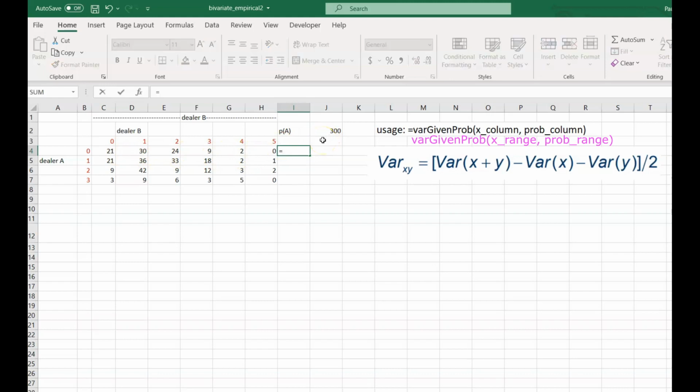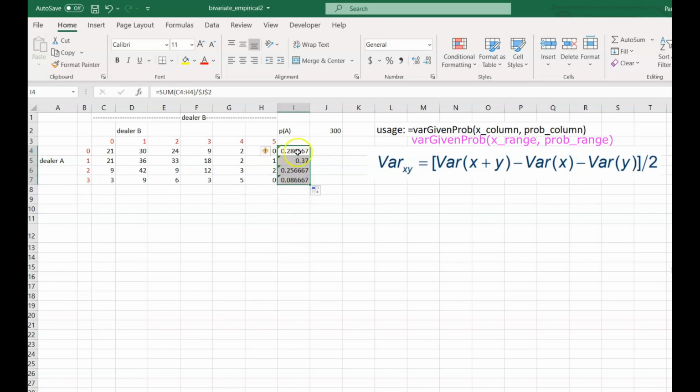They didn't sell anything, so the car selling record is 0, divided by 300. I hit F4 to fix the denominator. So this is the summation of the 0 car selling days divided by 300.